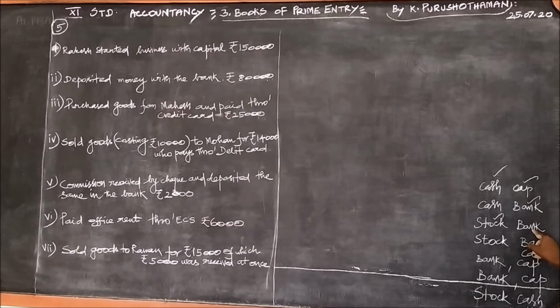Then stock. Bank, stock, bank, they are all repeated. Capital, bank are repeated. And stock, cash, debtor. This is the new item. So, what are the assets? Cash, bank, stock, debtor. On the right hand side only capital, no liability is there.